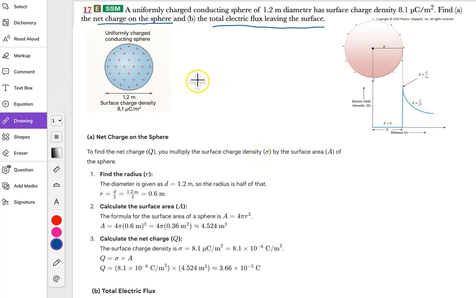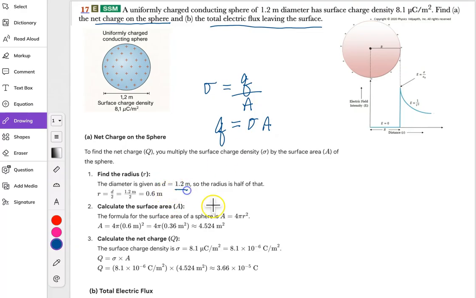So remember, if we have surface density, that's equal to the charge divided by the area. So if I want to find the charge, and you can either use capital Q or lower q, that's just going to be equal to the density times the area. So the diameter is 1.2 meters, so our radius is 0.6.